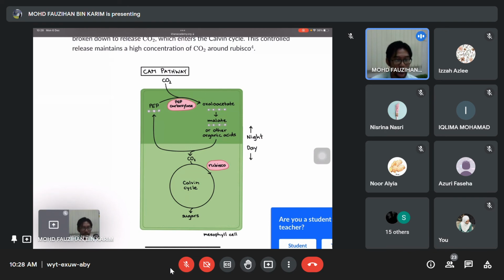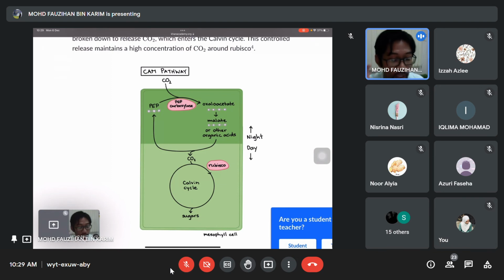So during the day, the light reaction still happens even though the stomata are closed. Stomata closing or opening has nothing to do with the light reaction, but it has a very big effect on the Calvin cycle, because the Calvin cycle needs carbon dioxide from the atmosphere.